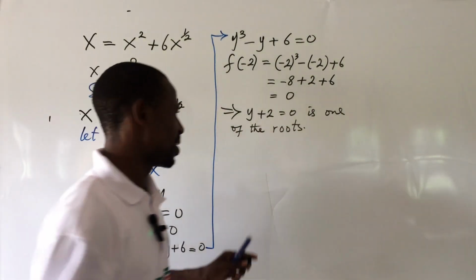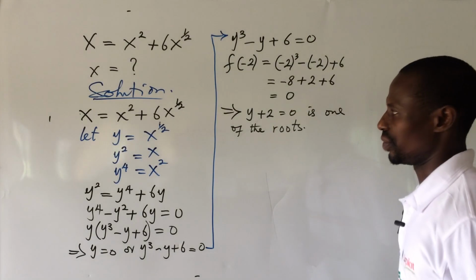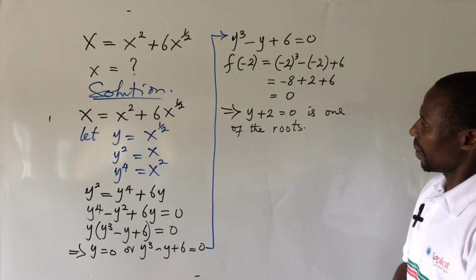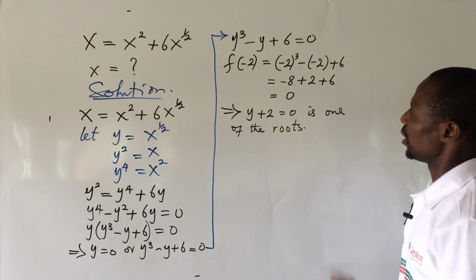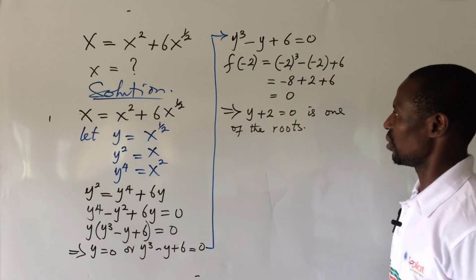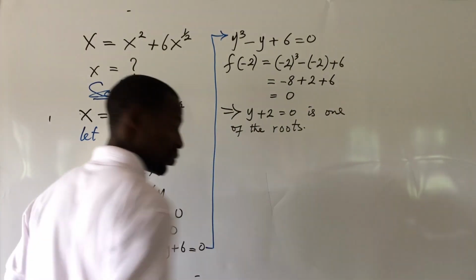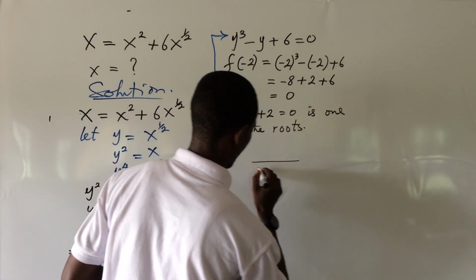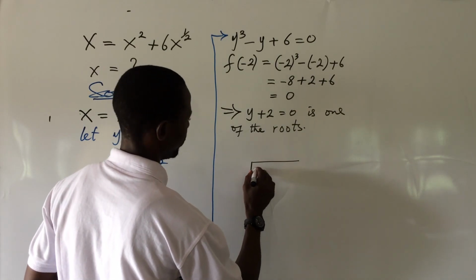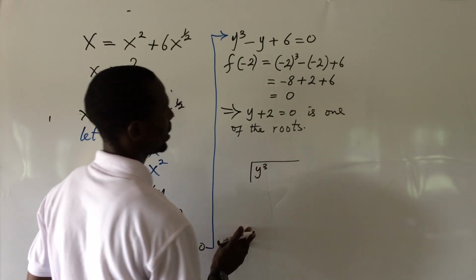Okay, so now that we've gotten one of the roots, let's use this root to divide this trinomial equation to get the other two. So from here, let's use the long division method. If we use the long division method, we're going to have here y to the power of 3.